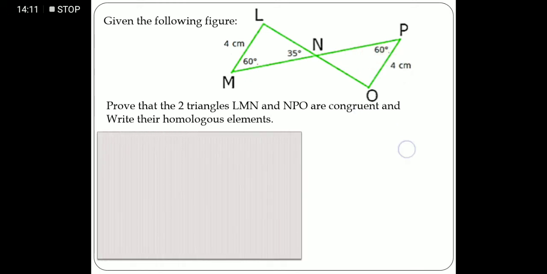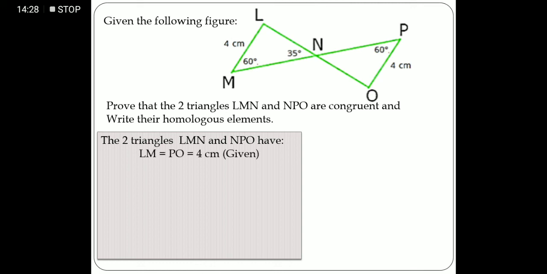Let's see it together. The two triangles LMN and NPO, I have to detect the triangles first. I want to say which triangles I am talking about, and then say what the equal elements are and what the homologous ones are. Here we have LM equal to PO equal to 4 centimeter.